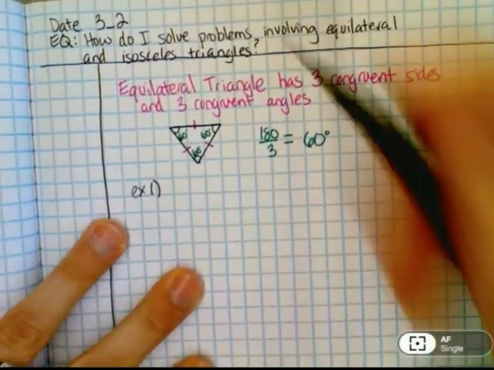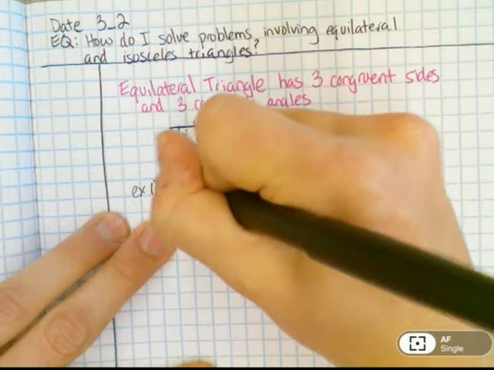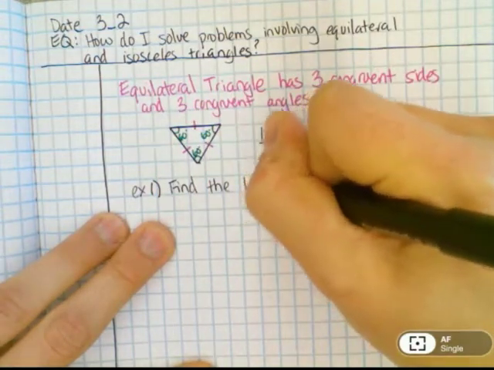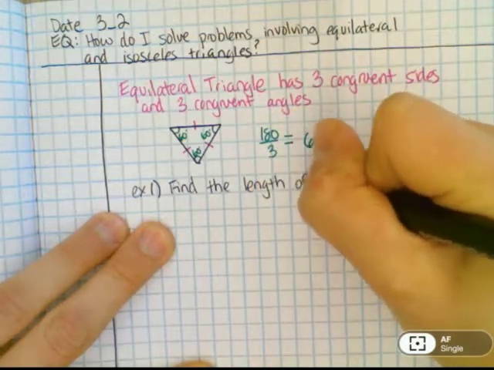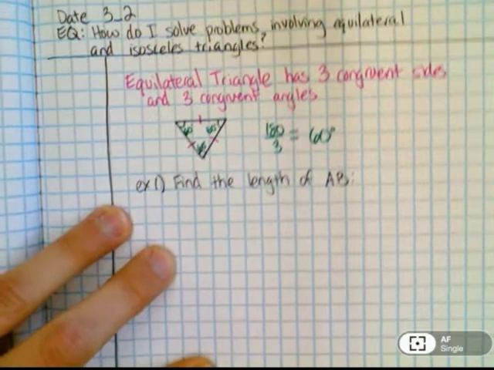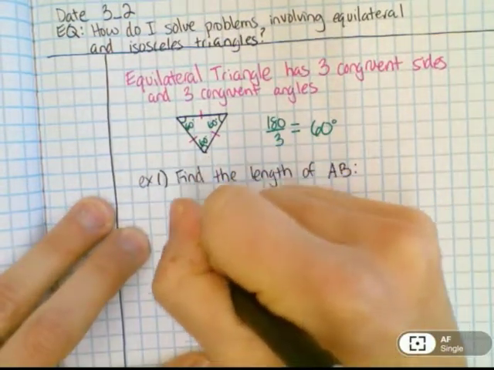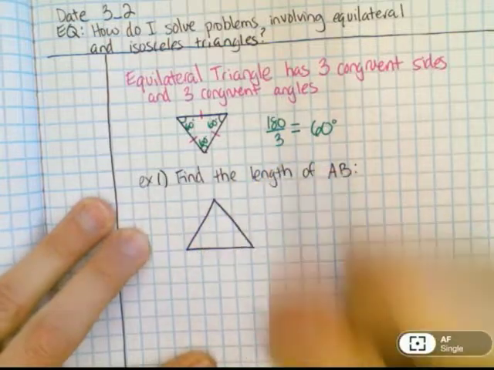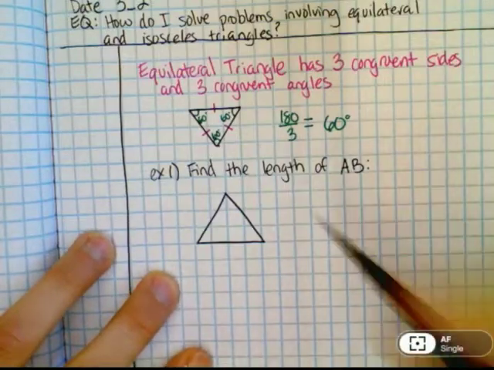Example 1. We want to find the length of side AB in the triangle below. So draw yourself something that, I broke my own rule and I'm not using a straight edge, something that looks sort of like an equilateral triangle.